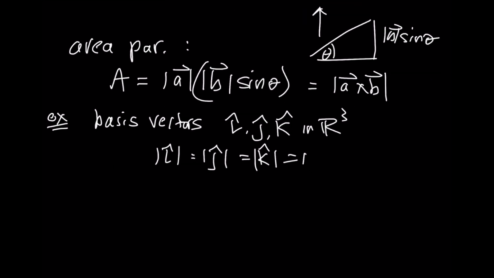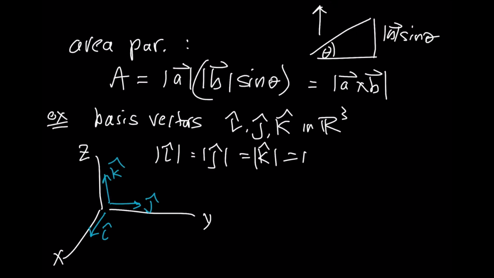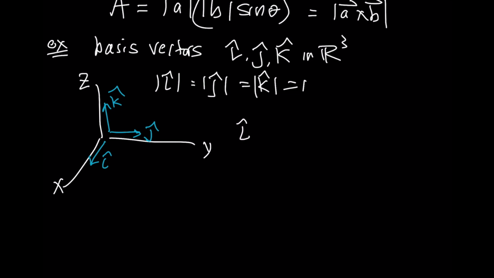If we take a right-handed coordinate system where this is x, this is y, and this is z according to the right-hand rule, the vector i is a unit length vector that points this way, j is a unit length vector that points that way, and k is a unit length vector that points this way. If you take the cross product of a vector with itself, you will simply get 0. So the cross product of each of these unit vectors with itself should be 0.